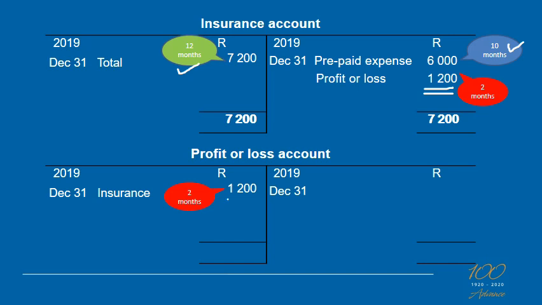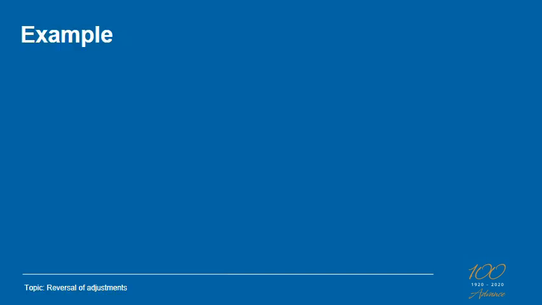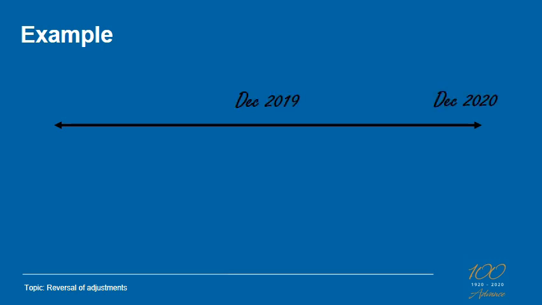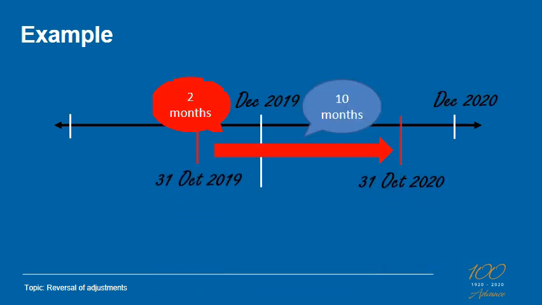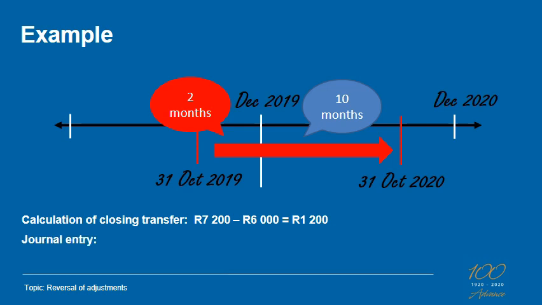So I've only had the benefit of the insurance cover for 2 months during the current financial year. If we then calculate the closing transfer, the 7,200 paid for 12 months minus the 6,000 for 10 months paid in advance gives me 1,200 Rand that I can close off out of the insurance account towards the profit or loss account for the closing transfer.